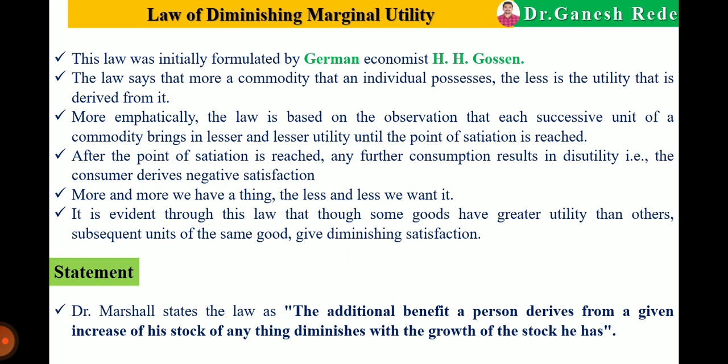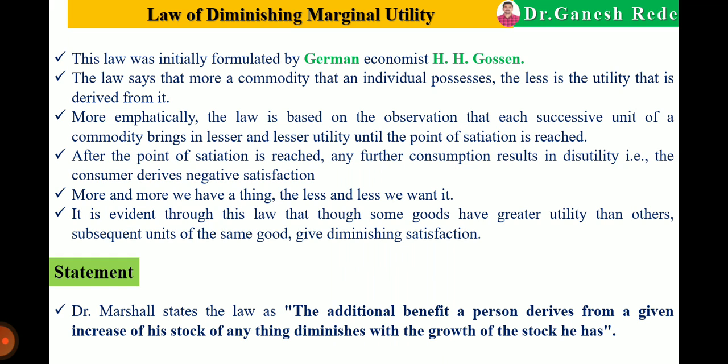Now the statement of the law: just remember this law was first formulated by the German economist H. Gossen. That's why this law is known as Gossen's first law. And the statement of this law was given by Alfred Marshall.